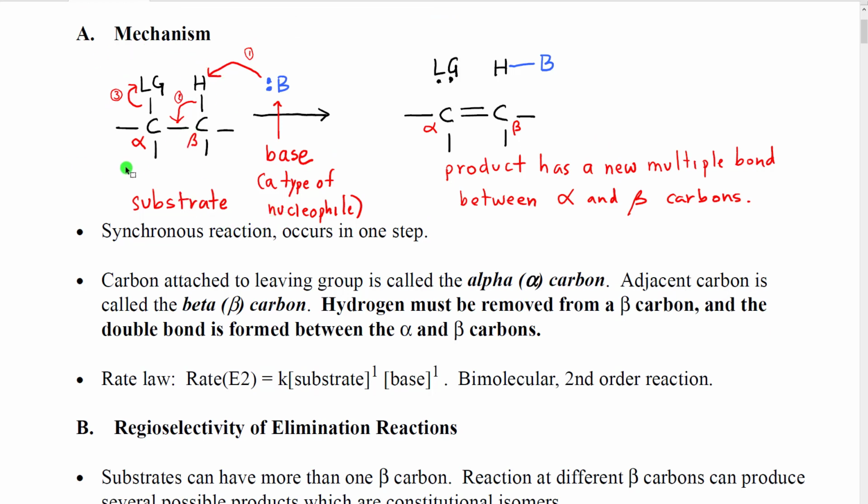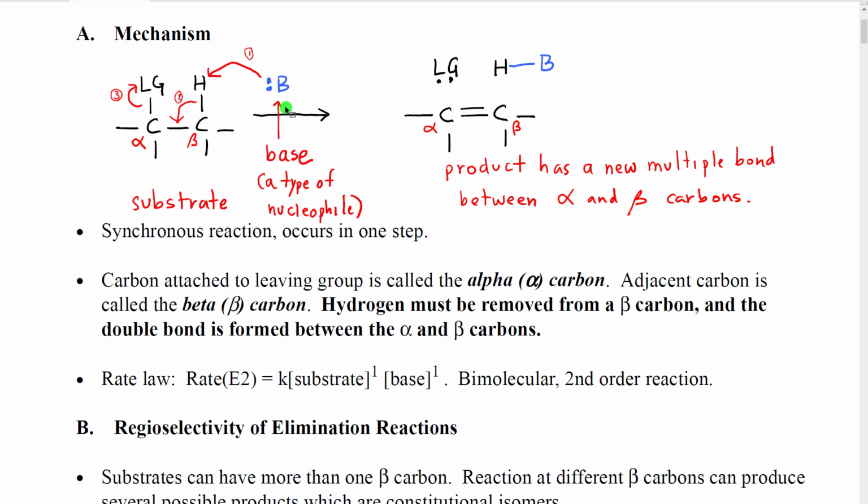We have a substrate, and when we look at the substrate, we're going to be concerned with the leaving group, the alpha carbon, but also the carbon directly connected to the alpha carbon, which we will call the beta carbon, and a hydrogen that is attached to the beta carbon, which we will call a beta hydrogen.